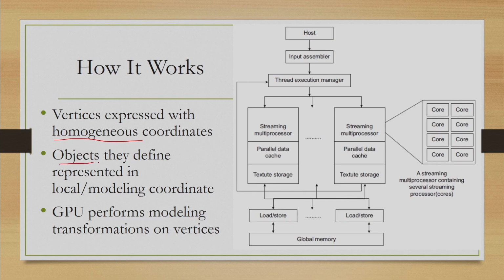So, these objects are defined in their local or modeling coordinate systems. Then the GPU performs all the stages. So, first it performs modeling transformation on vertices, that is the first stage of processing.